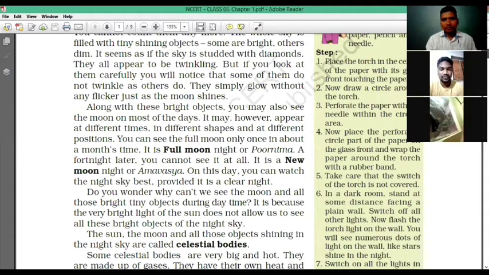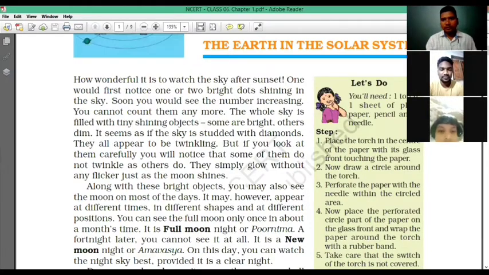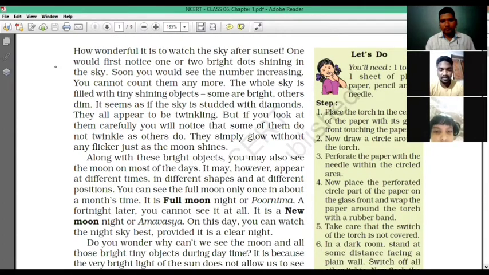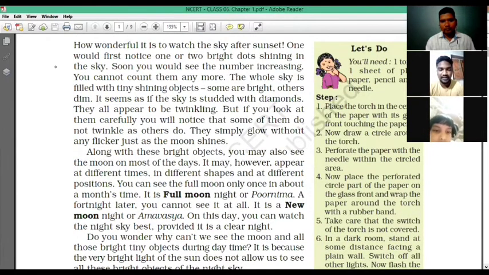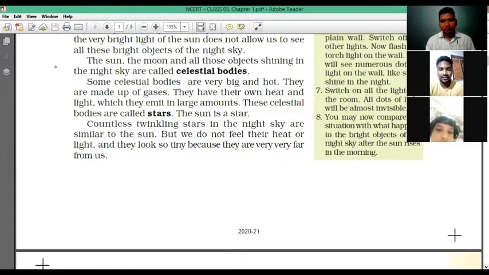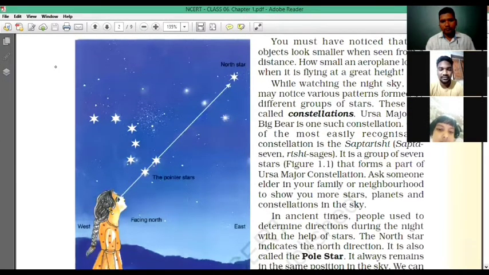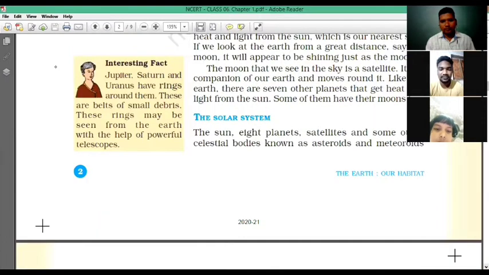Just go down and come to the point where the planets are located. Like there are 8 planets. There will be a picture. Just come to that picture, not this. Go down.